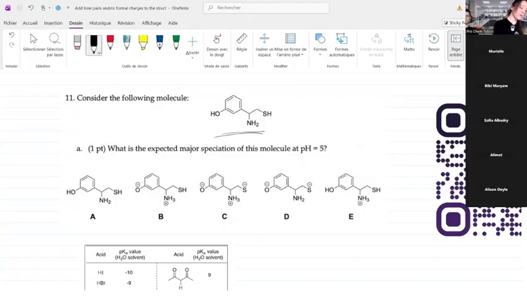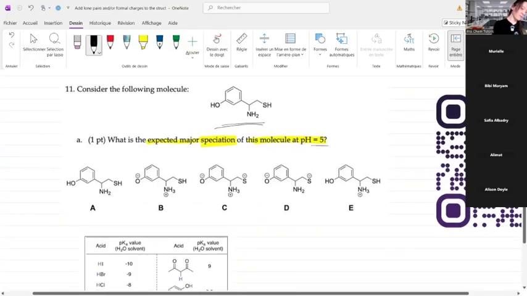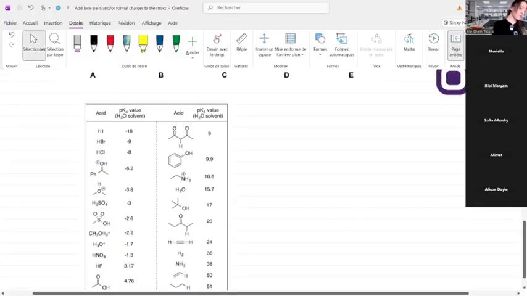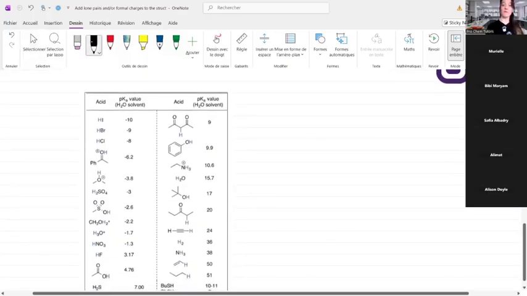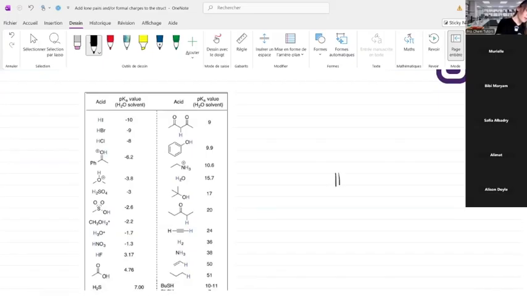You have this molecule here, and it is asking what's the expected major speciation of this molecule at pH 5. Here it gives you 5 different options, so you have to figure out which one will be present majorly at pH 5. For these questions, use the pKa table that would be provided on your midterm. Let me redraw the structure here.